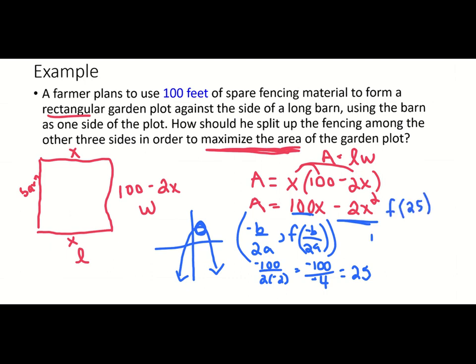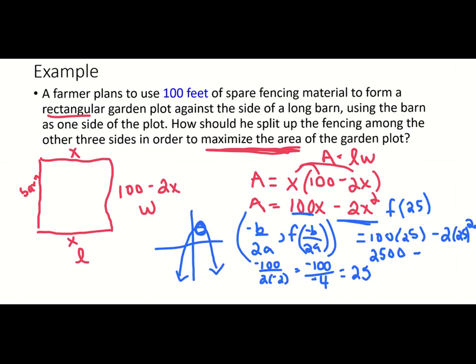So it's going to be 100 times 25 minus 2 times 25 squared. 100 times 25 is 2,500, minus negative 2 times 25 squared. 25 squared is 625.